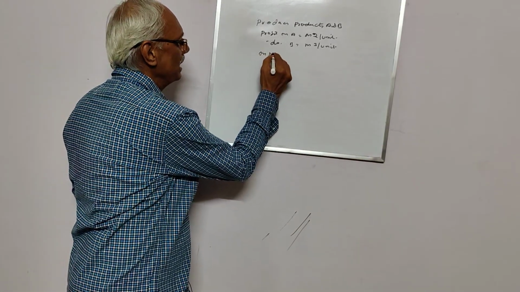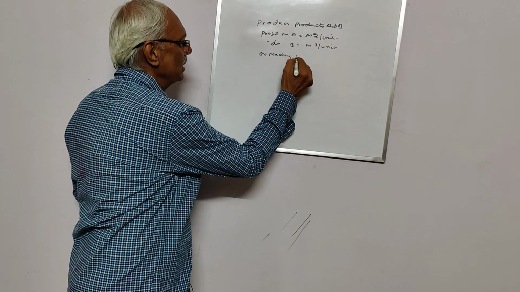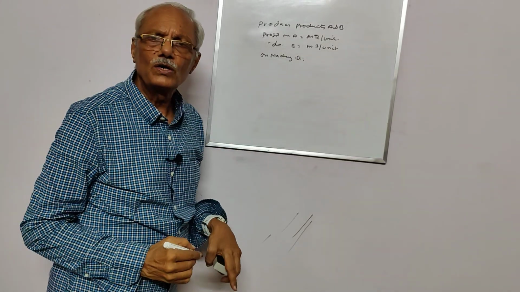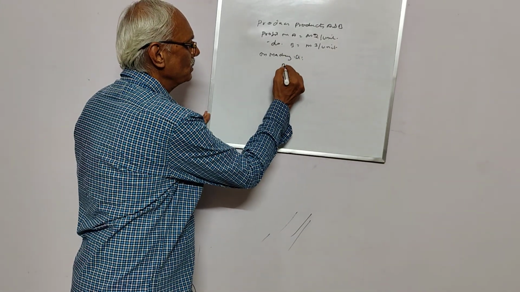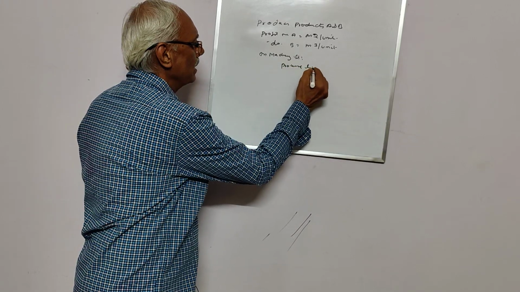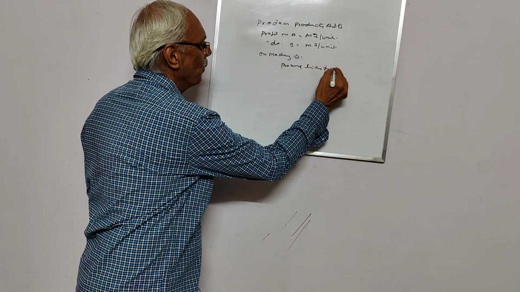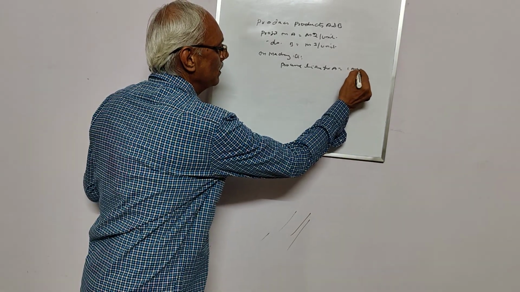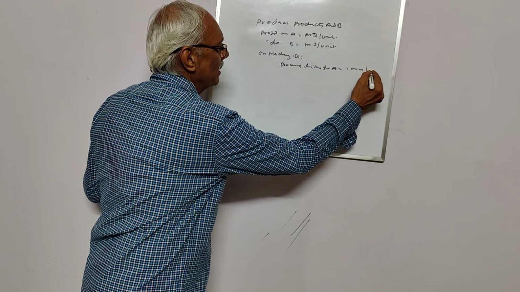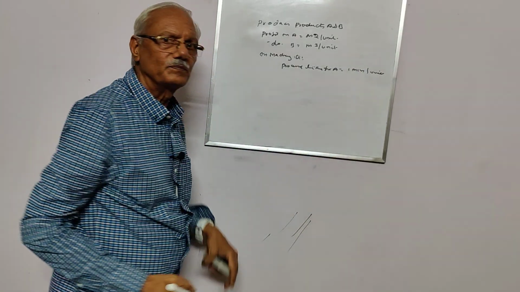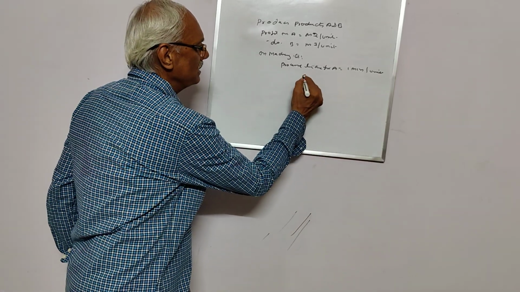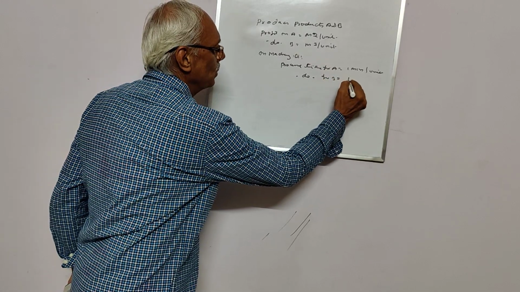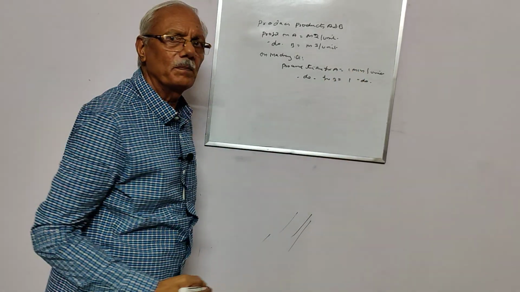On machinery G, processing time for A is equal to 1 minute per unit. Processing time for B is equal to 1 minute per unit.